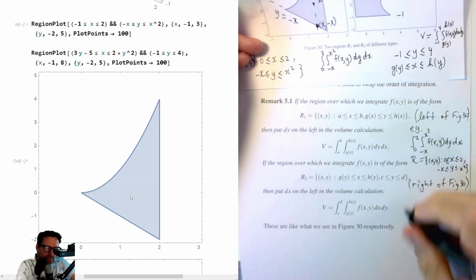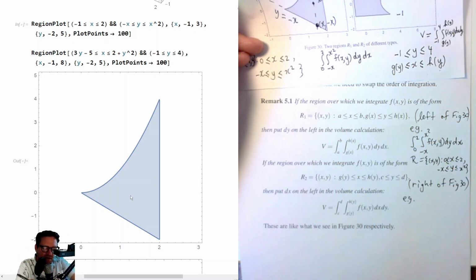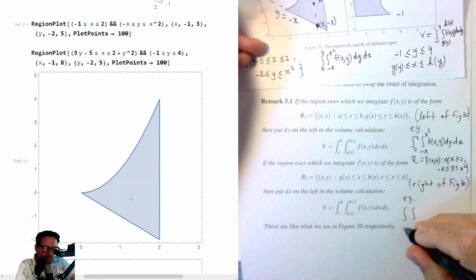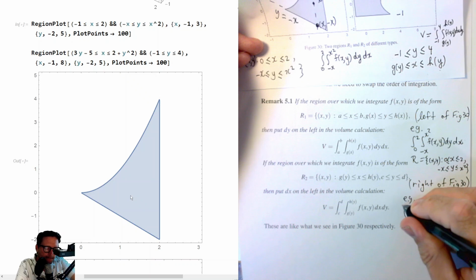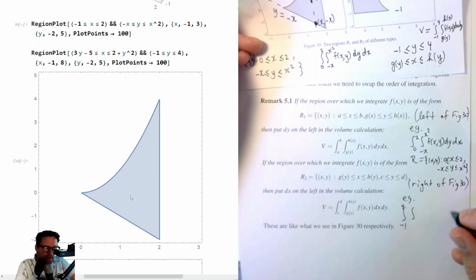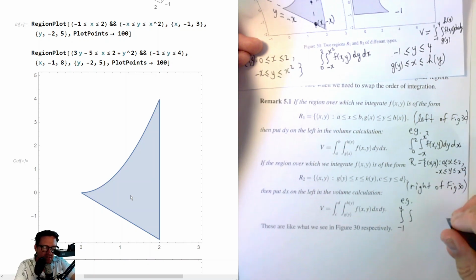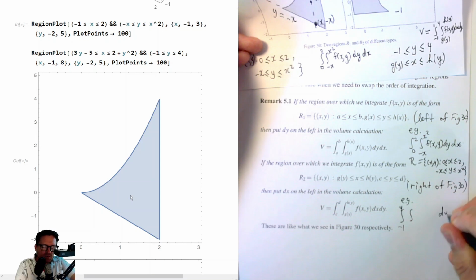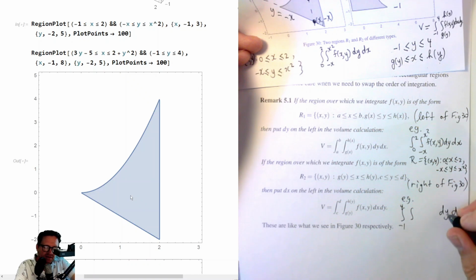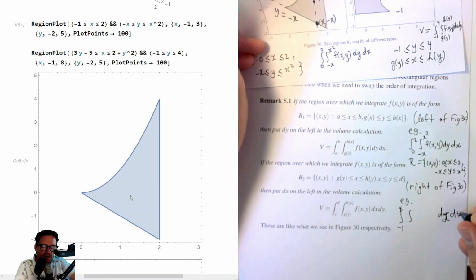And so for example, on the right of figure 30, we had a double integral, minus 1 to 4, so constant on the outside, and that was y going between minus 1 and 4, so that's dx first and then dy.